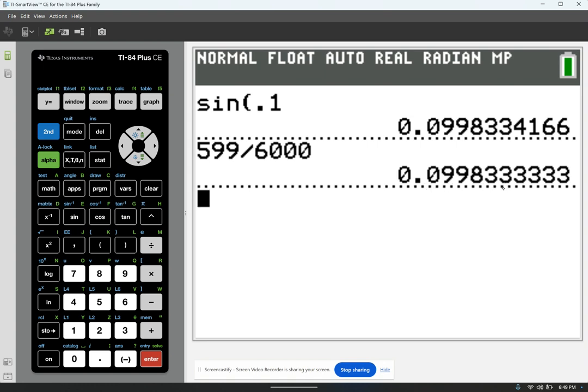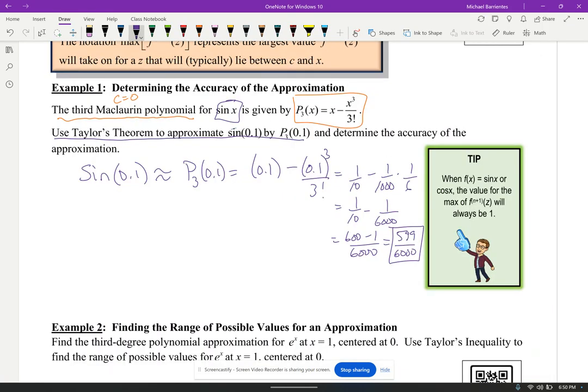That's a pretty accurate estimate. It's not until the 7th decimal place that they start to differ. But in the first 6 decimal places, everything matches between what the calculator is telling me sine of 0.1 is and what my approximation was using the third degree Maclaurin polynomial. So that's pretty good.